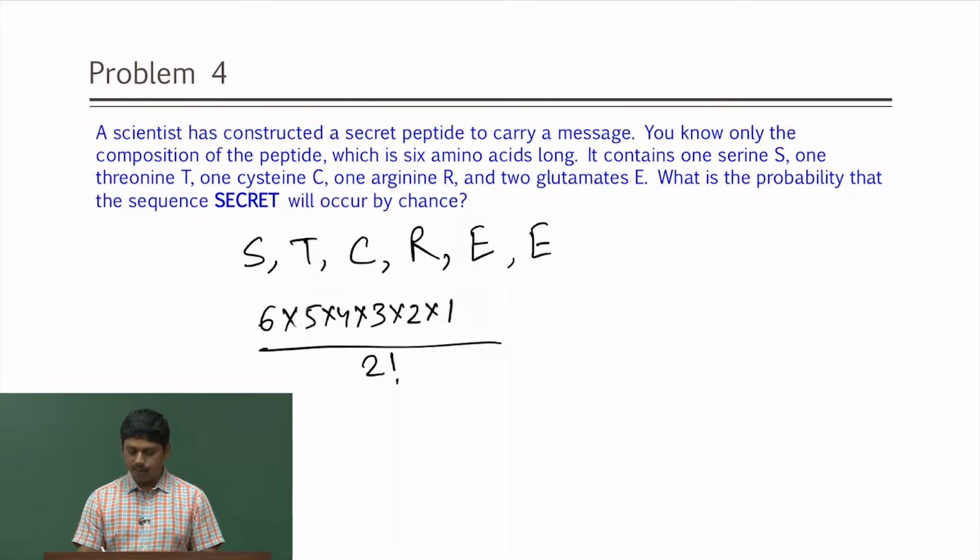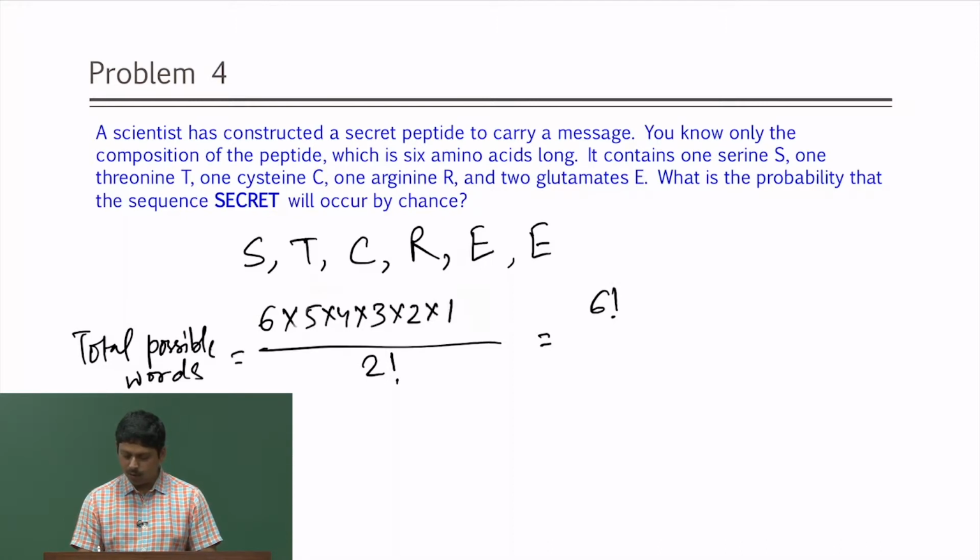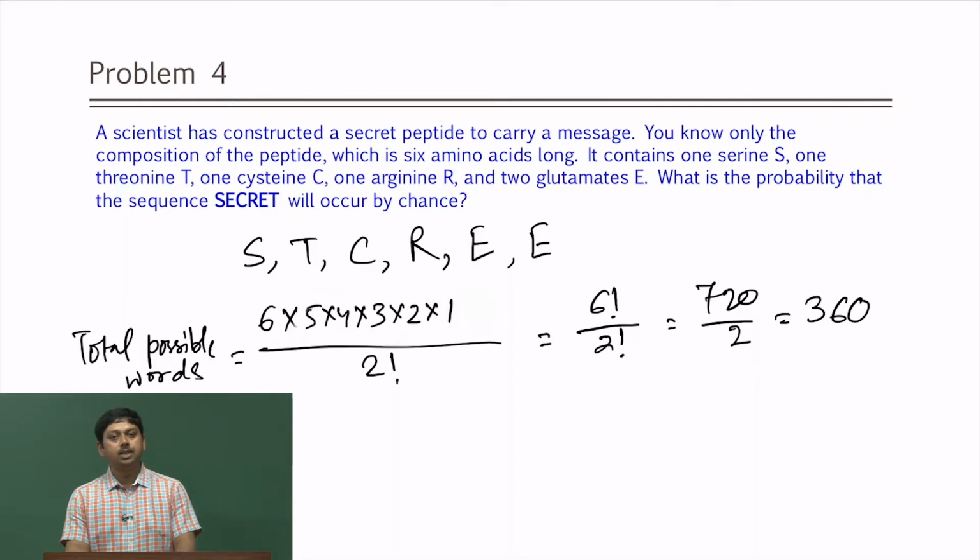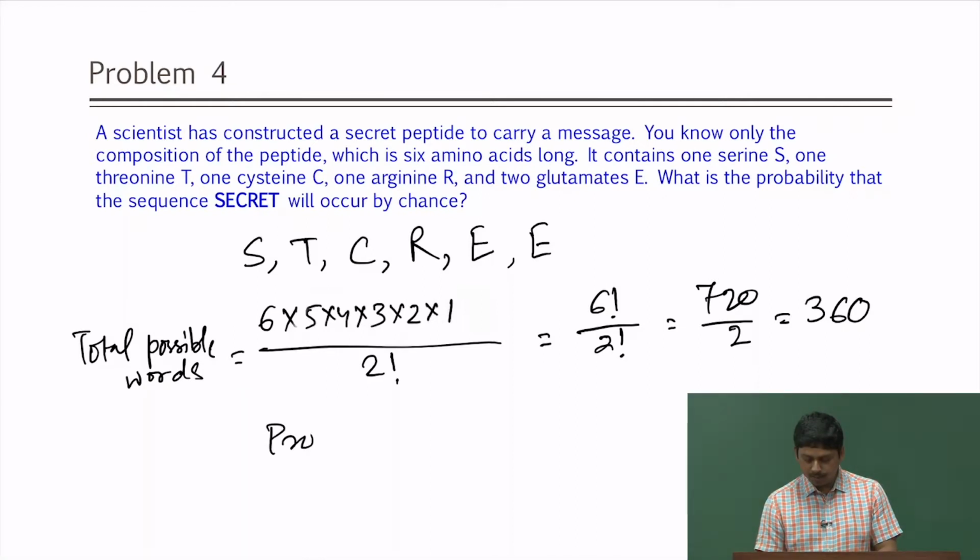So, I have to divide by factorial 2. So, total possible words equal 6 factorial by 2 factorial, which is 720 by 2, which is 360. Out of this, there is only one word which is SECRET. So, the probability is equal to 1 by 360.